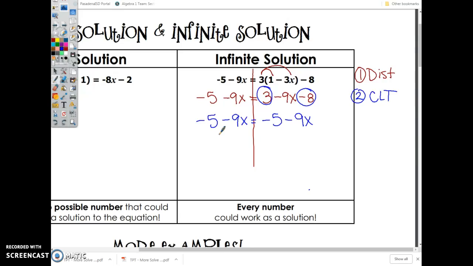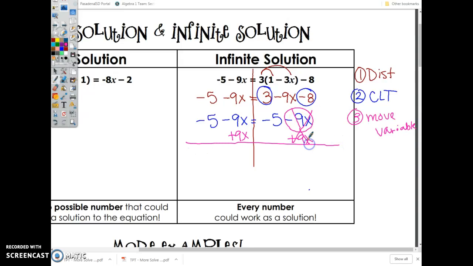Okay? So, step number 3, move the smallest variable. Let's see what happens. Well, they're both the same, right? So move whichever one you want. I would move this one. So plus 9x, plus 9x.